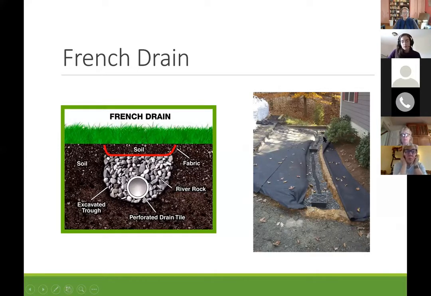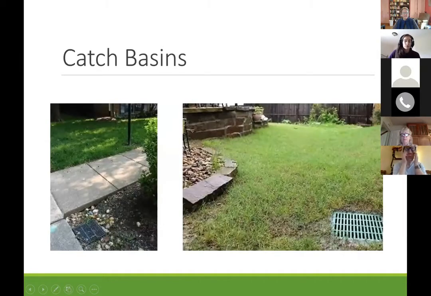French drains are trying to drain the surrounding soils, soak it into the pipe and move it away, typically for any low-lying wet spots.